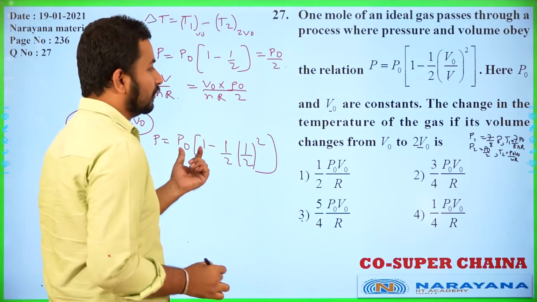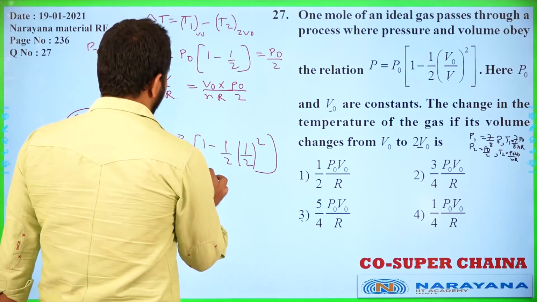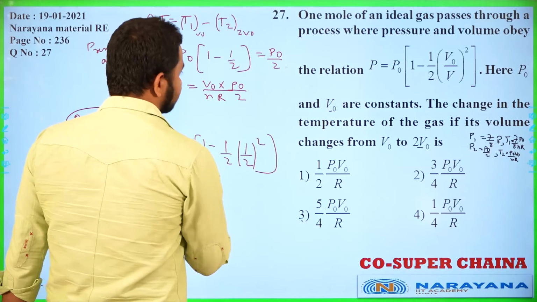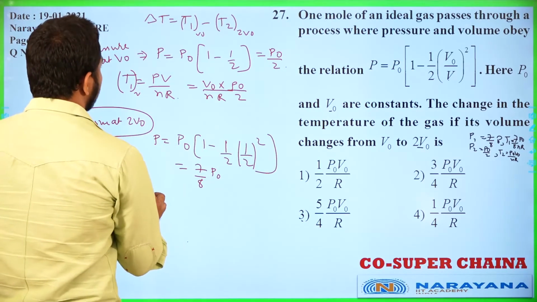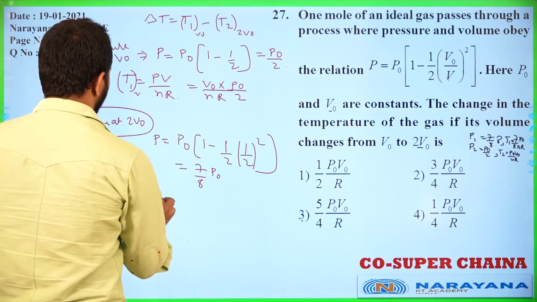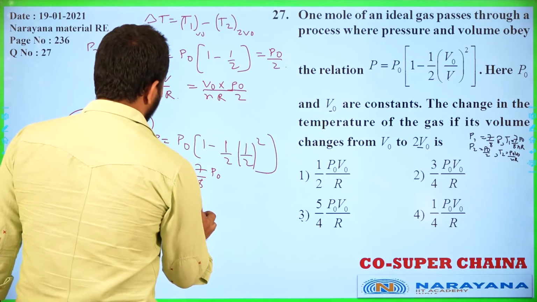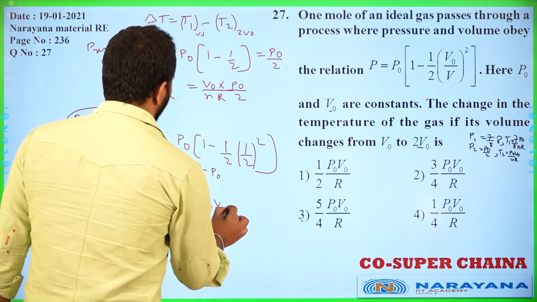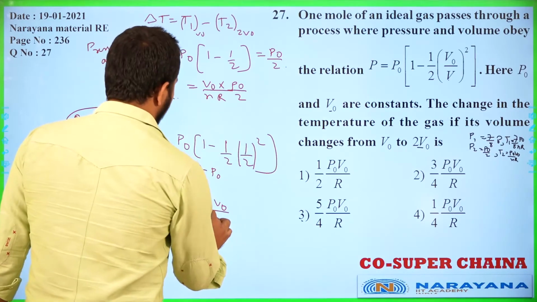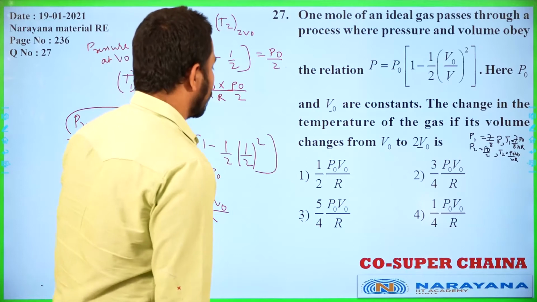When you simplify this, we'll get the value as 7 by 8 P0. And if you substitute again, T at 2V0, we'll get this value as 7 by 8 P0 V0 by nR.